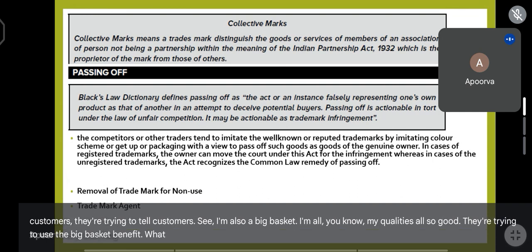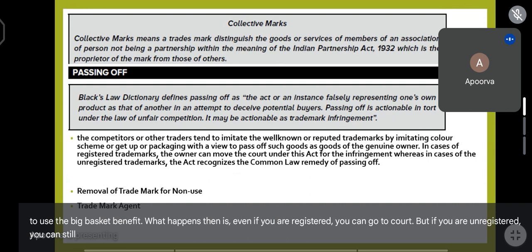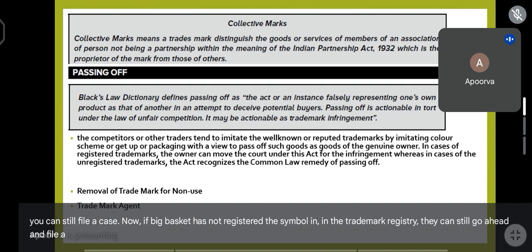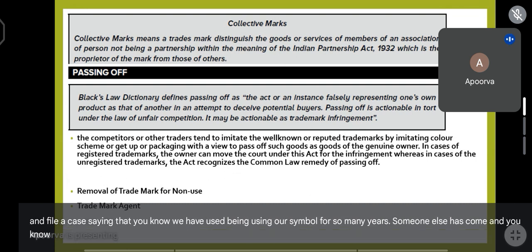What happens then is, even if you are registered, you can go to court, but if you are unregistered, you can still file a case. Now, if Big Basket has not registered the symbol in the trademark registry, they can still go ahead and file a case saying that we have been using our symbol for so many years, and someone else has come and is trying to cheat the customers. Now, we saw in patent, until the patent has been registered, you can't file a case.